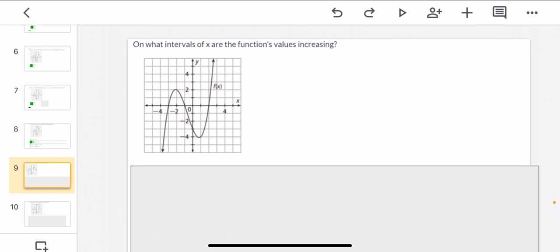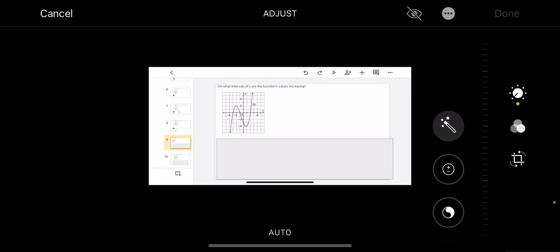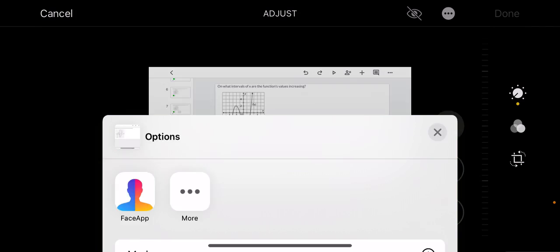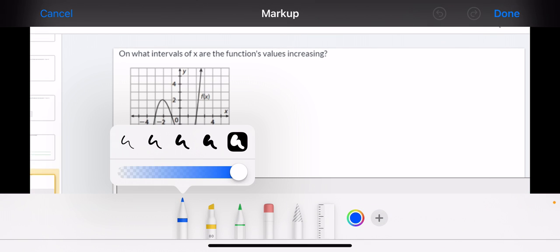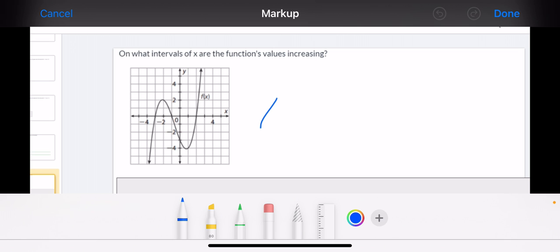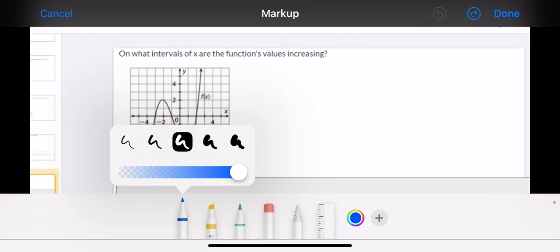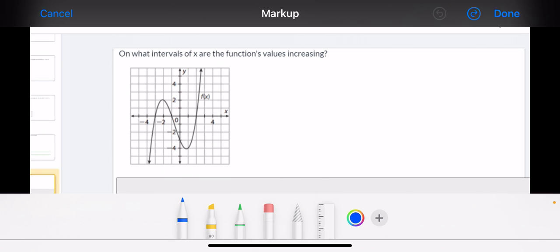Okay, what are the increasing intervals? It's my high-tech setup, guys, don't worry. Positive means increasing, so this line going up, and also this line going up.